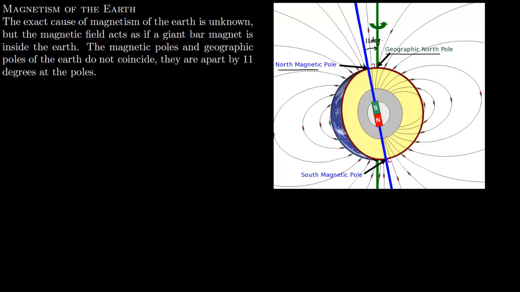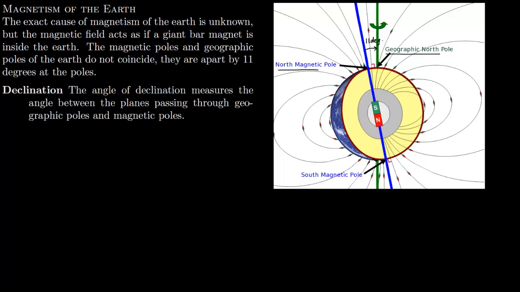Now we talk about the declination. The angle of declination measures the angle between the planes which pass through the geographic north pole and the magnetic pole. So we have two planes. One plane is passing through the magnetic pole and the other plane is passing through the geographic pole.